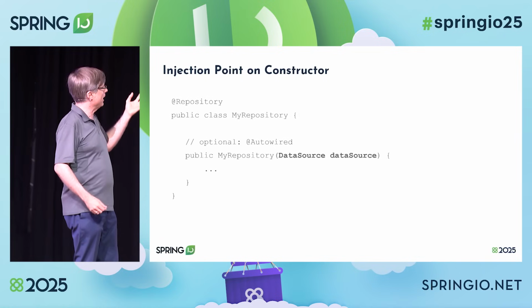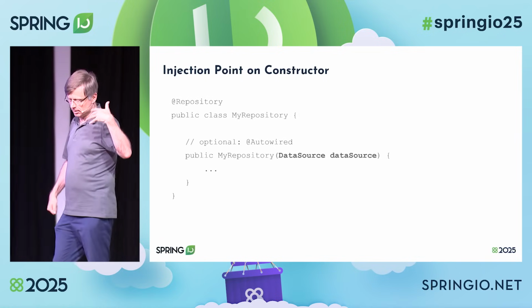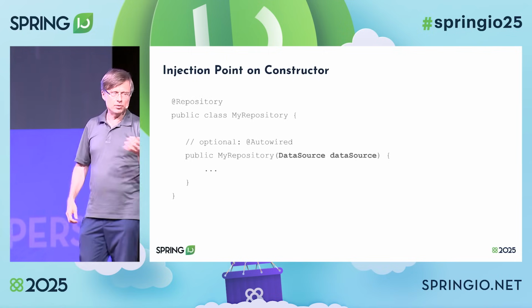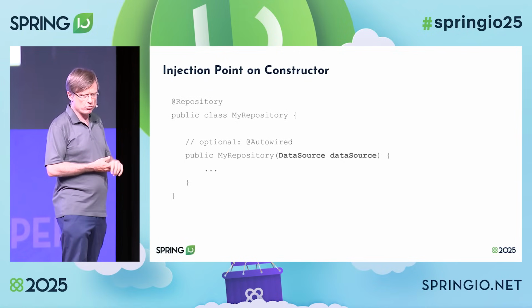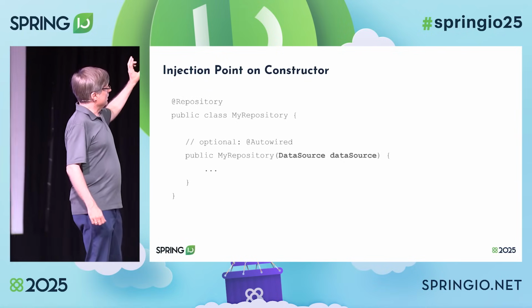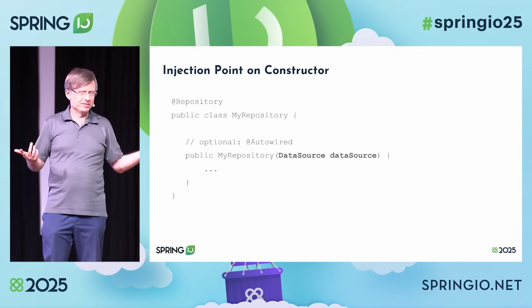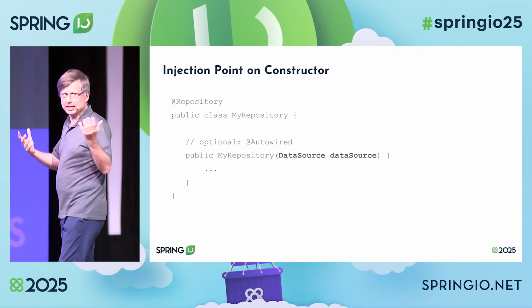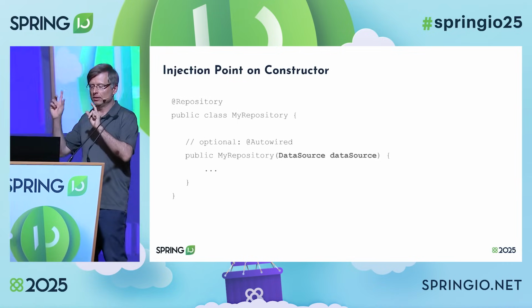So if it's an obvious scenario, like a single constructor to be resolved, then you don't need to do an @Autowired here at all in any recent Spring version. I think we dropped that in 4.3. The common case doesn't even have an annotation here then, right? You just declare a constructor with an argument. Okay, one more thing.